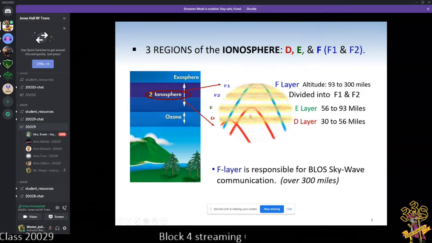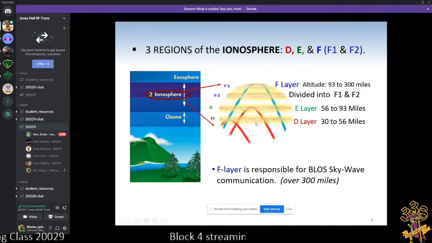Those all are there in the daytime because they're caused by ionization. The F layer is always there. The D layer, lowest and densest layer, is only there in the daytime. The E layer, in the daytime, becomes more dense, and then it thins out and can disappear at night. The F layer during the daytime can become denser and divide into two separate layers, F1 and F2.